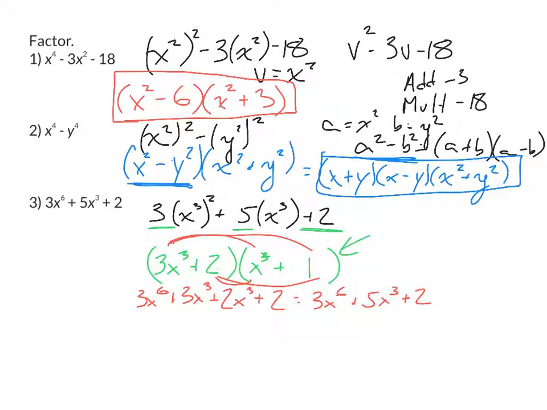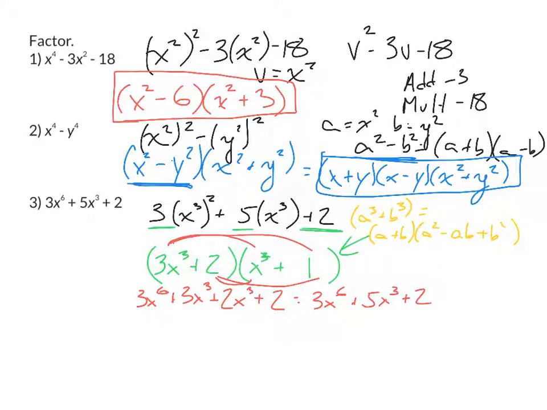Now, this right here is what we called a sum of cubes. It's a perfect cube plus a perfect cube. And if you remember, a cubed plus b cubed was equal to a plus b times a squared minus ab plus b squared. So we can do the same thing here.